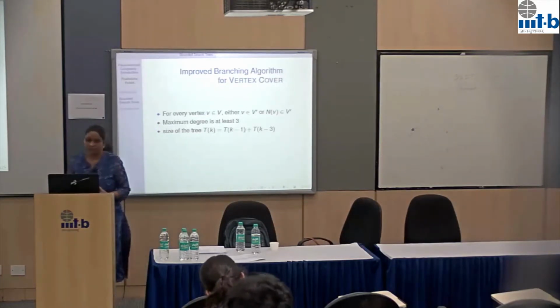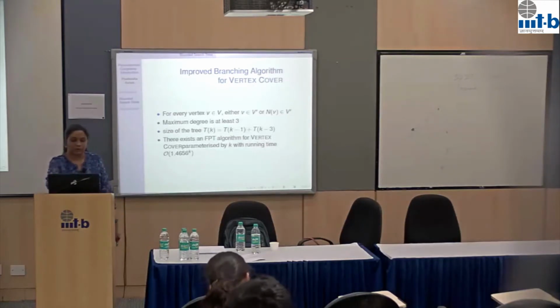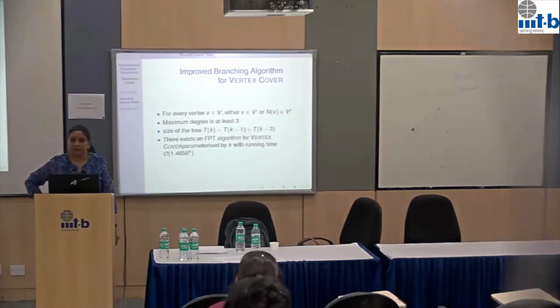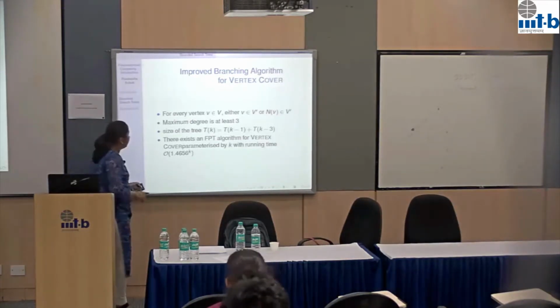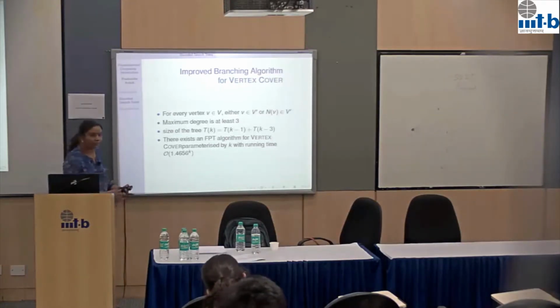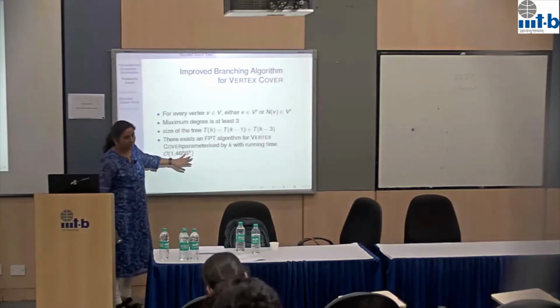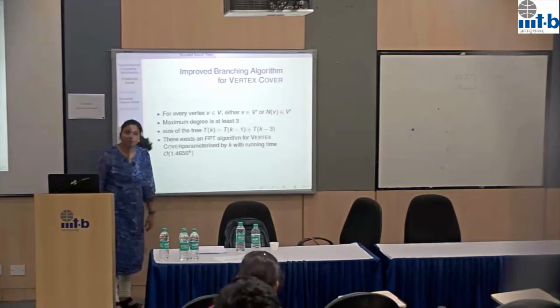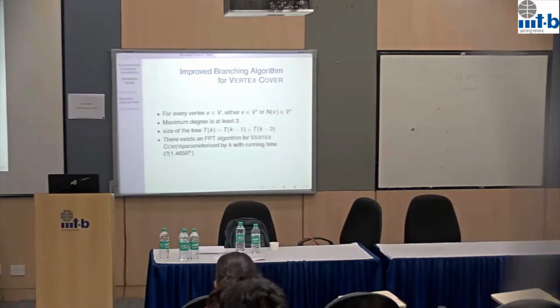This recurrence solves to 1.4656 to the power K. So by similar arguments as before, we get an FPT algorithm whose running time is some polynomial in N times 1.4656 to the power K, which is an improvement over 2 to the power K.